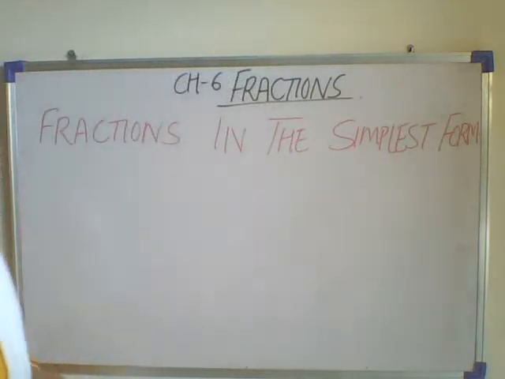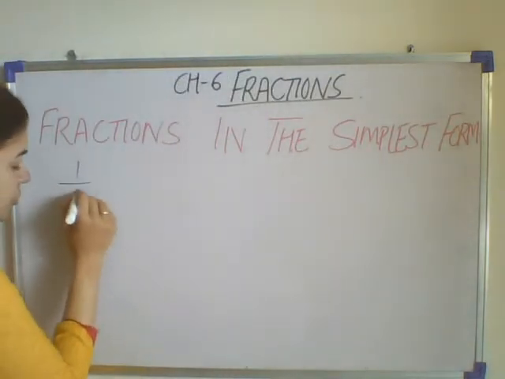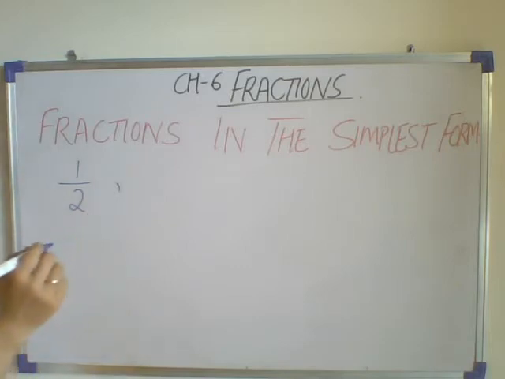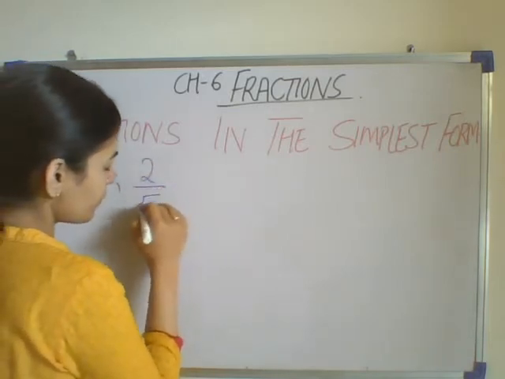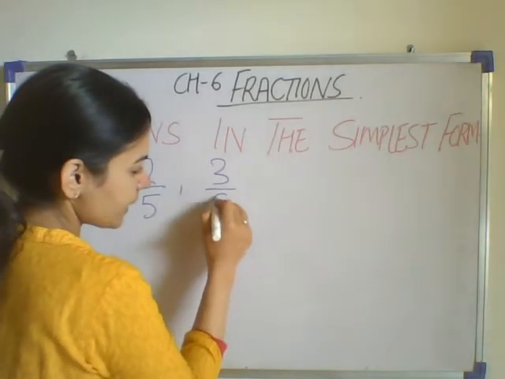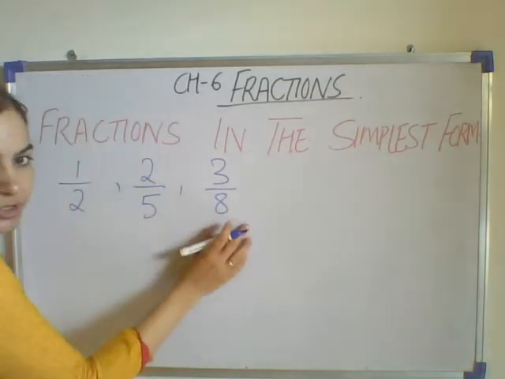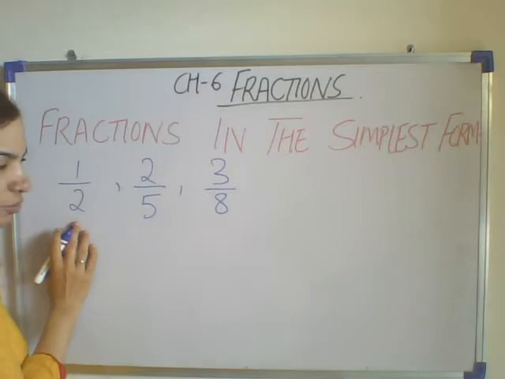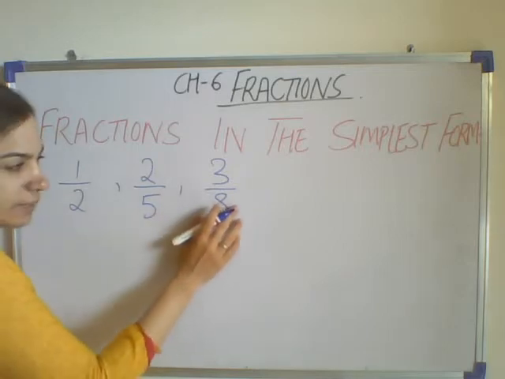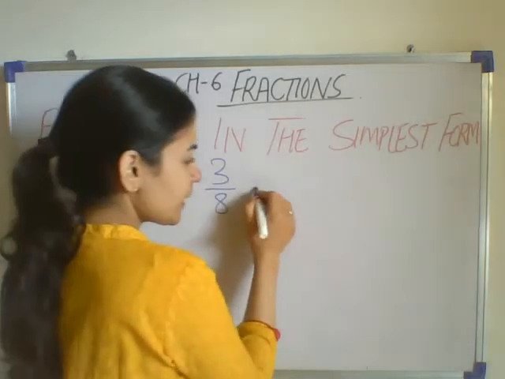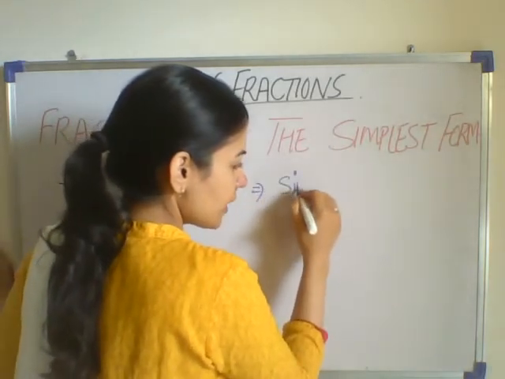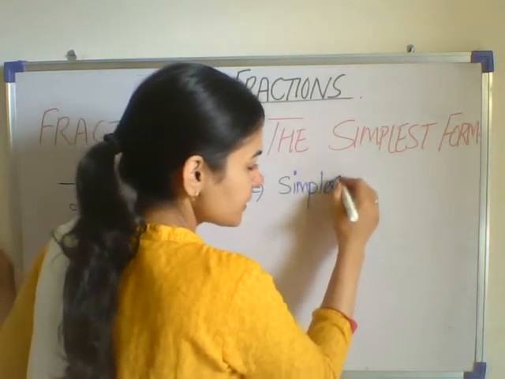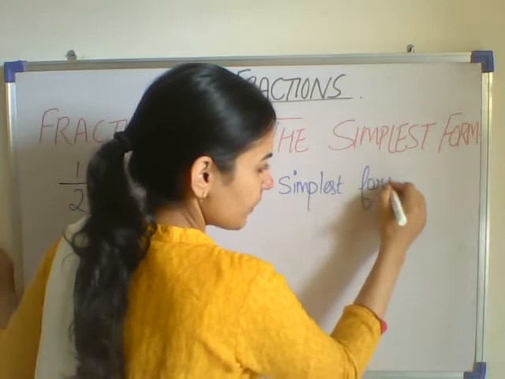Now take the fractions 1 by 2, 2 by 5 and 3 by 8. We can say that these three fractions are in their simplest form.